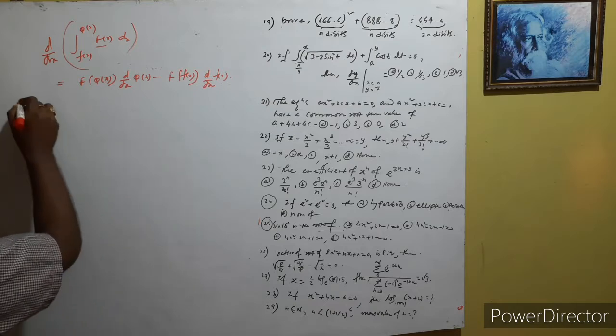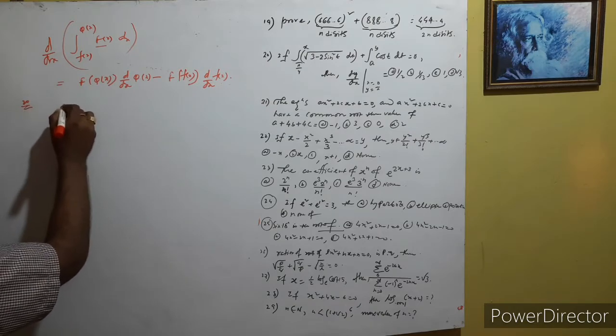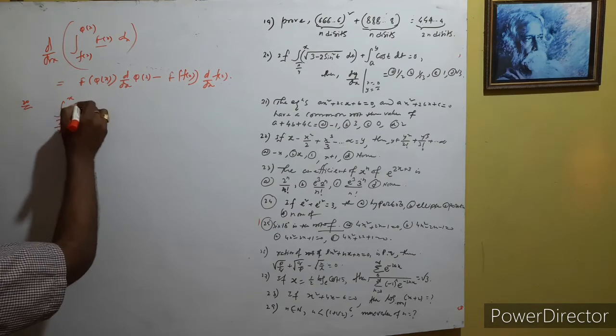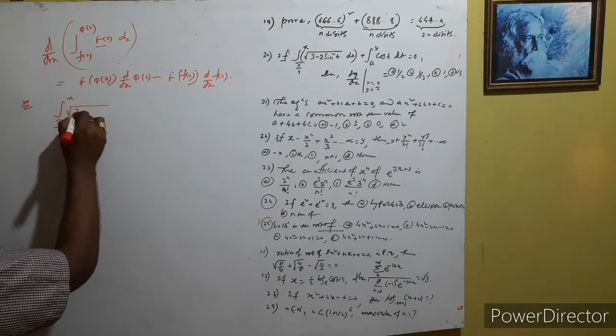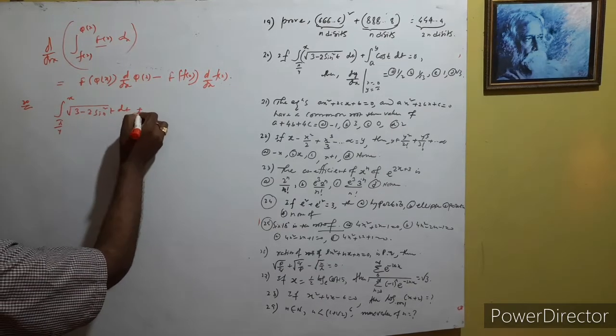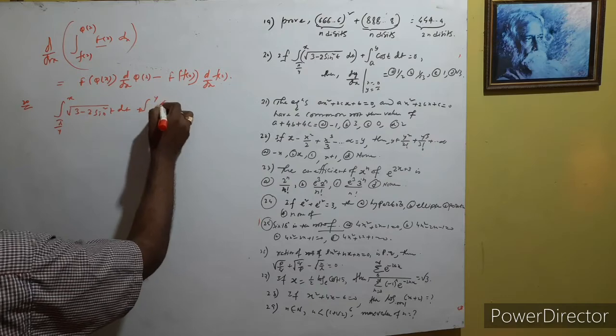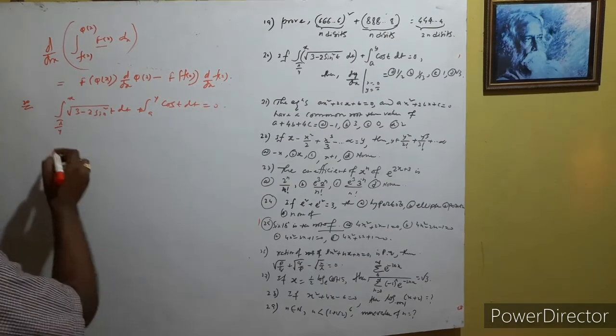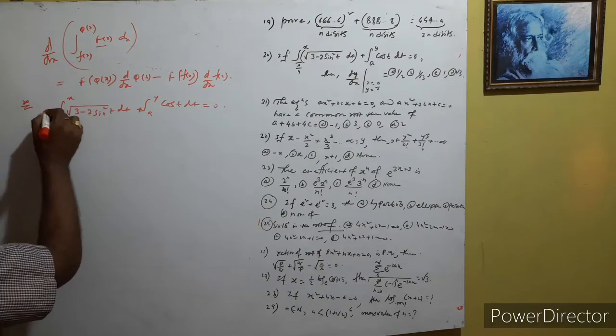And now for 20, see, this is the integral from pi by 4 to 2x of under root (3 minus 2 sine square t) dt, plus the integral from a to y of cos t dt, equal to 0. Okay, now differentiate.